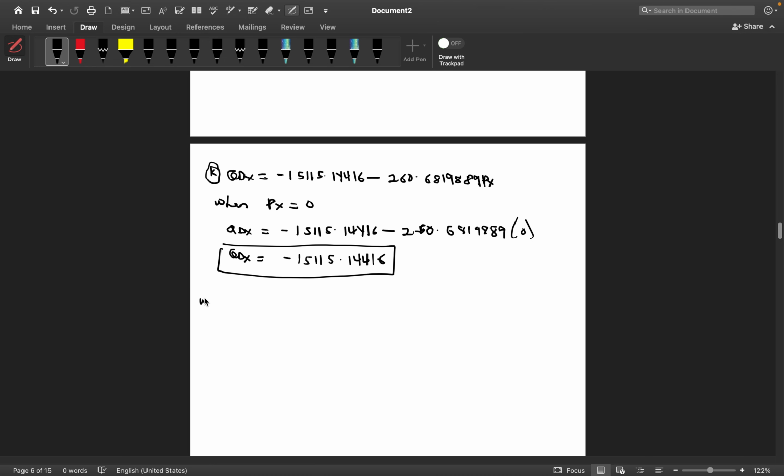So when QoS is also equal to 0, so 0 is equal to minus 1,511.5.14416 minus 260.681989 PX.